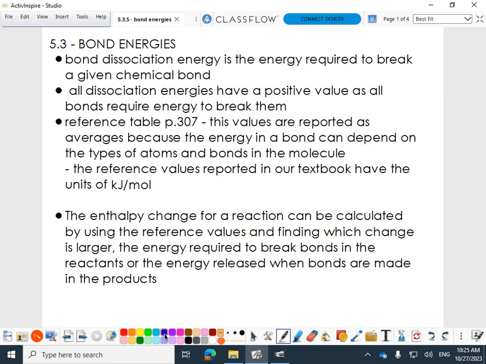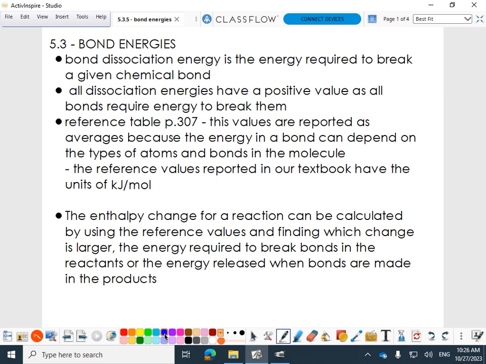There's also a consideration about what the temperature of the reaction is. Is it gaseous? Is it almost at the condensation point when it's going to turn into a liquid? So there are other things to consider in a reaction, so it is reported as an average. You're really just going to use the reference values, but if you are curious why it says average and not just bond energy, that's why.